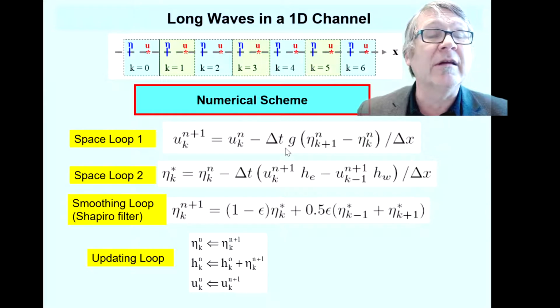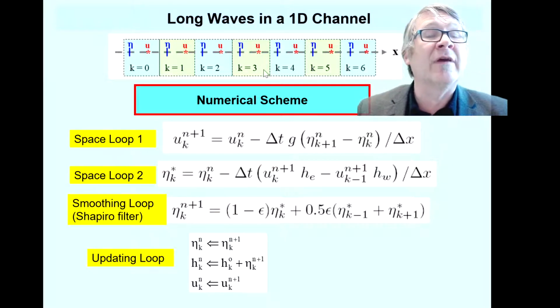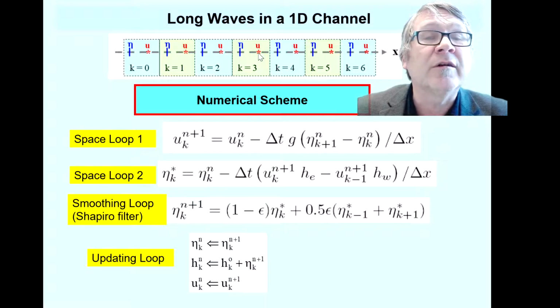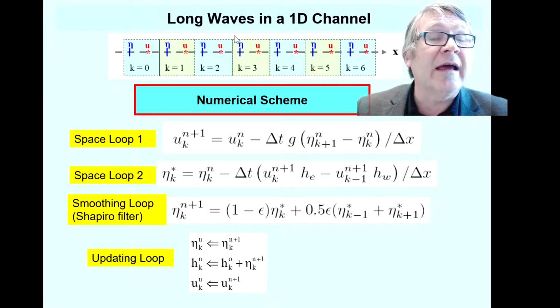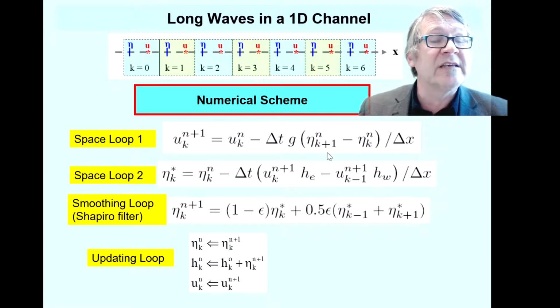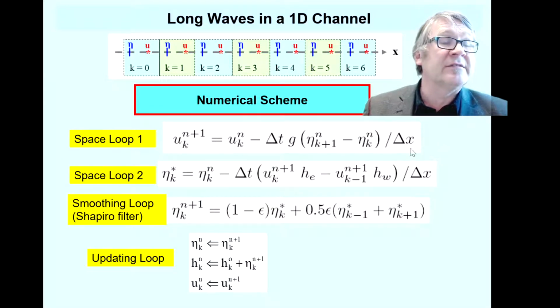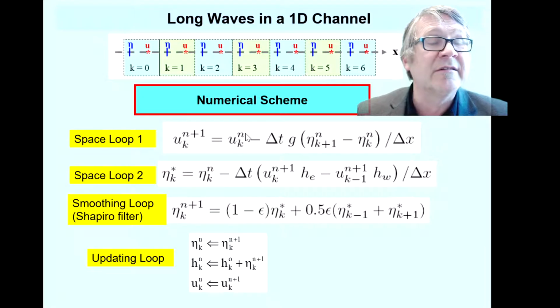If you are at a u location, you see here at the top, the gradient is defined by the eta to the right, which is actually k plus 1, minus the eta point to the left, which is in the same grid cell as the u. And this is how you define the spatial gradient. Delta x is the grid spacing, and delta t is the time step.